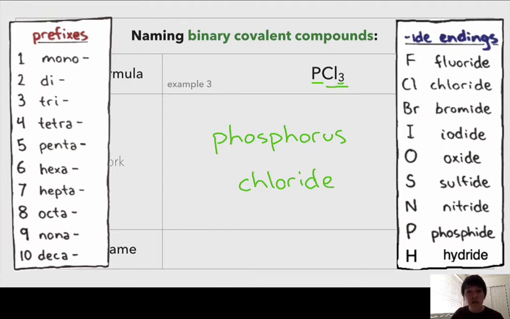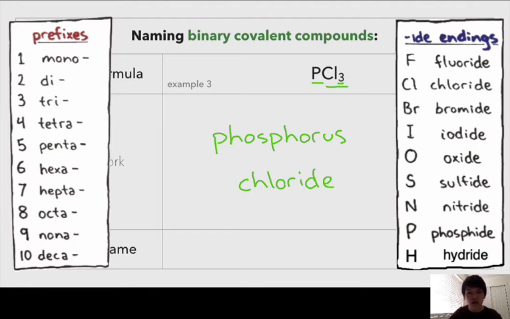And now we have to indicate how many of each atom there are. There's only 1 phosphorus, so we are supposed to put a mono in front. But since this is the first element, we actually don't put mono in the front. Okay, do not put mono in the front. That's the first exception. So we're going to move on to the second element.